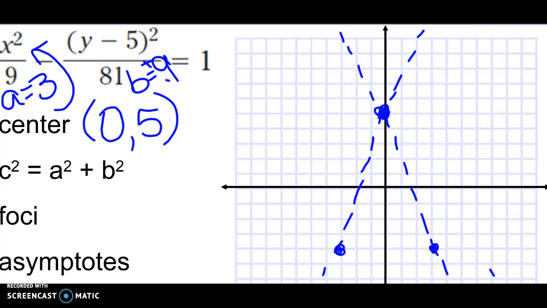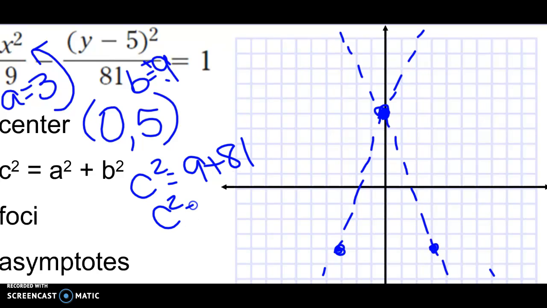All right, so now let's go find our foci. So we've got c squared equals a squared plus b squared. So c squared equals 9 plus 81, and that's going to give us c squared is equal to 90. So c is equal to the square root of 90.